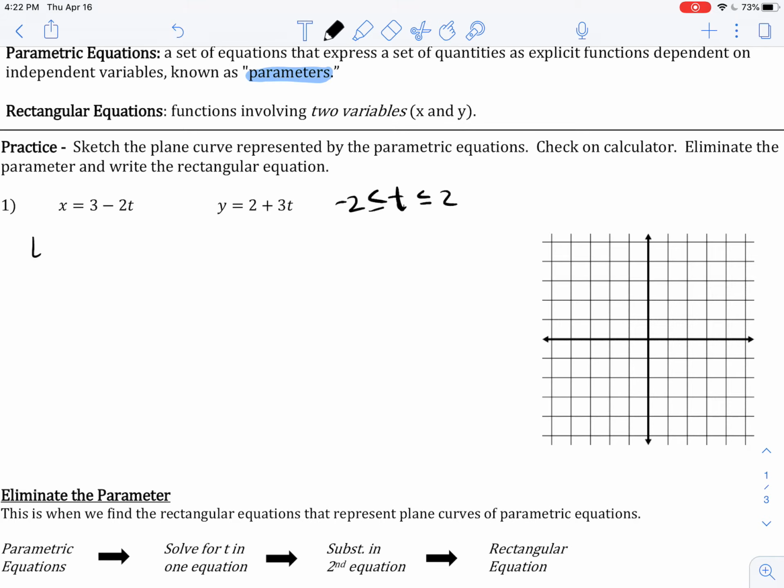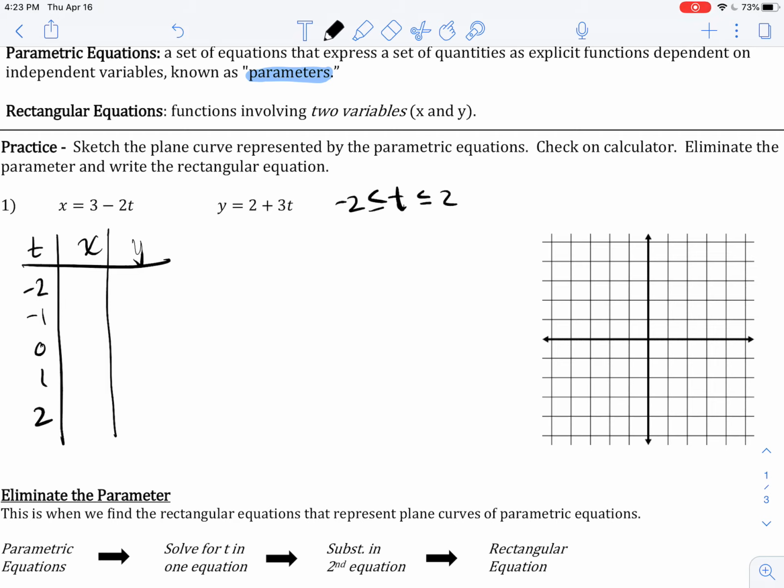a table. So again, I'm going to write my t column, my x column, and then my y column. And for t, since I'm going from -2 to 2, let's write those in. And go ahead and take a moment now and figure out what are all my x values for any given value of t, and then what are all my y values given these values of t.